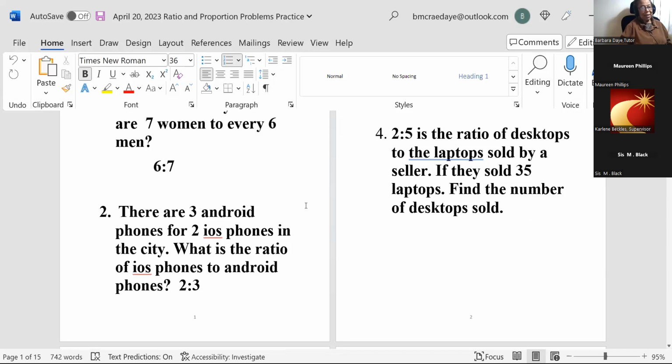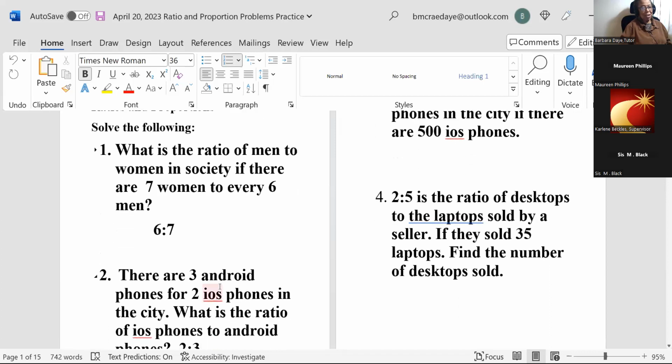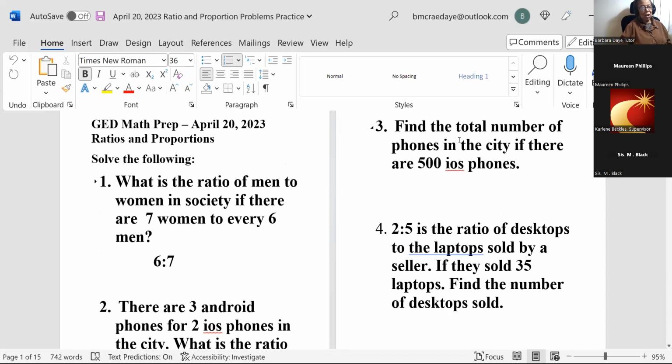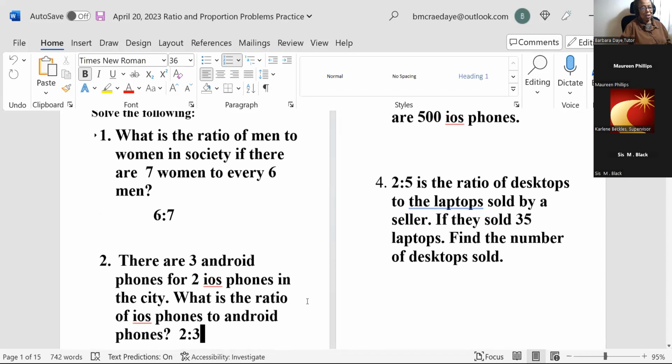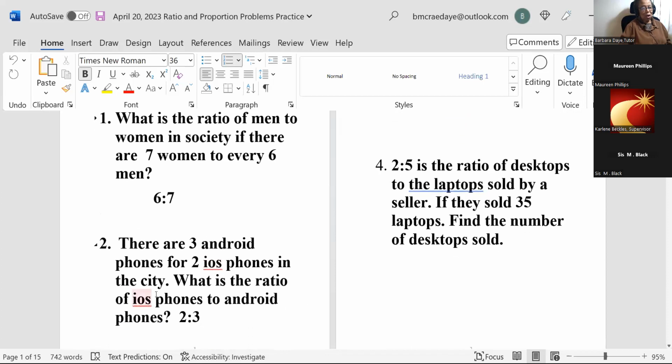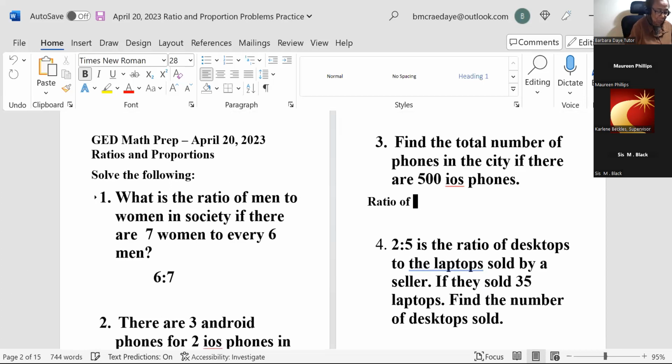Now, let's go a little further with that same problem. Using this same ratio, what's the total number of phones in the city if there are 500 iOS phones? Now you've got your ratio here, and now we're going to do ratio proportion. The ratio of iOS phones to Android phones is 2 to 3.